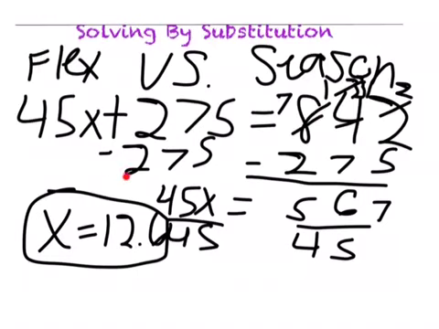So we're going to subtract 275 from both sides. So we have 45x equals 567. We're going to divide by 45 on both sides, so then our final answer is x equals 12.6. What this means is, if we want to ski less than 12 days, we want to get the Flex Pass. But if he wants to ski more than 12 days, he wants to get the Season Pass.